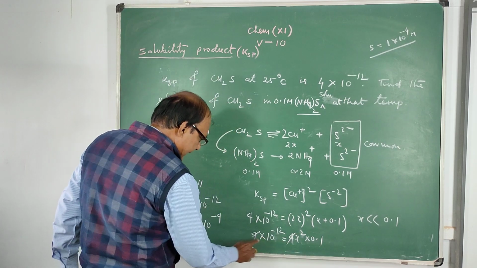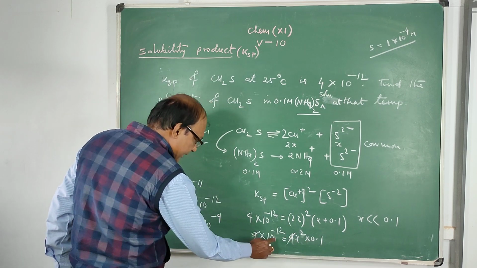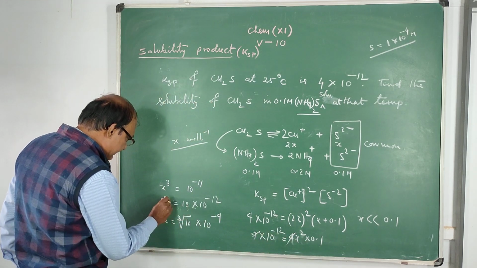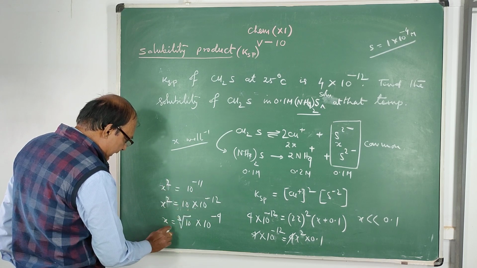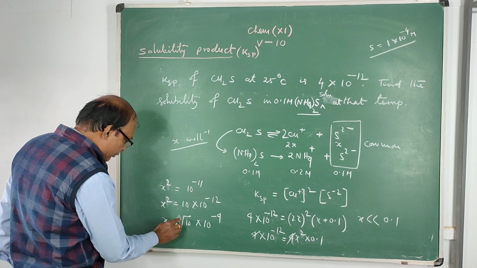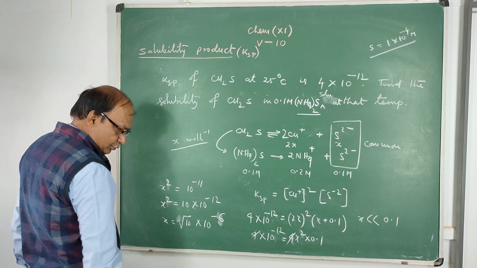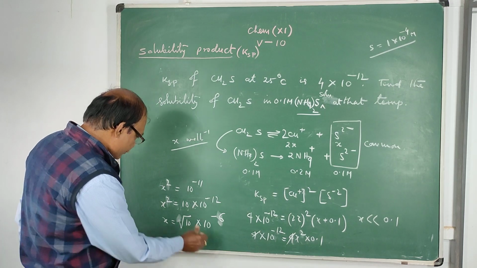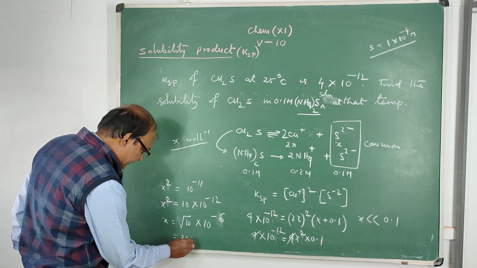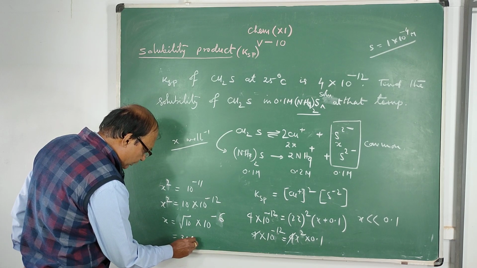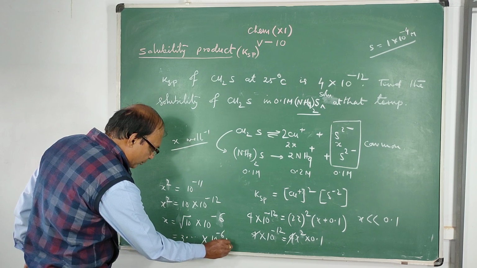So 4 and 4 cancel. So X square equals 10 into 10 to the power minus 12 into 10 to the power minus... so X square equals 10 into 10 to the power minus 12. So X equals square root of 10 into 10 to the power minus 6. So the value of X is square root of 10 into 10 to the power minus 6, which is about 3 point something into 10 to the power minus 6 mole per liter.